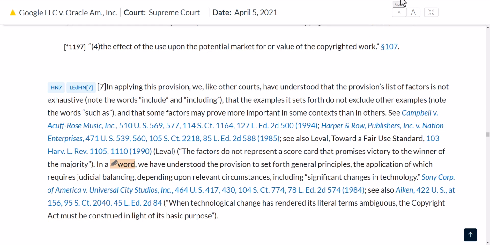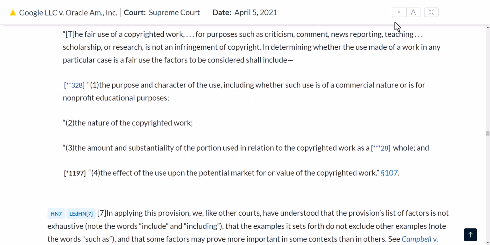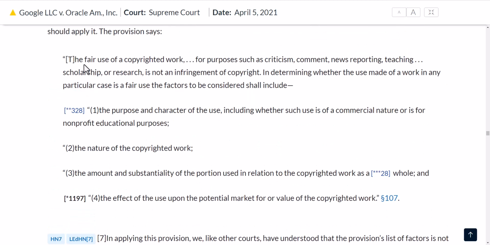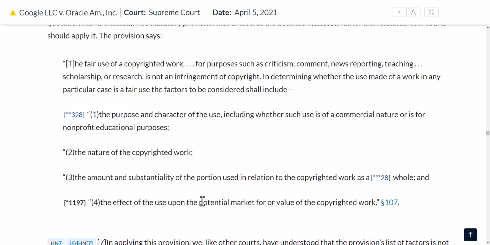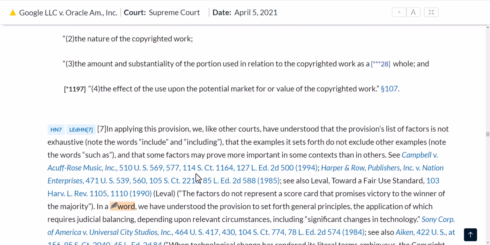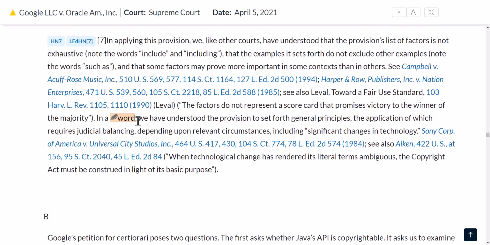So I don't think we're going to use this case as a factual analogy, but it might have some good black letter rules that we'll want to use. I'm paying particular attention to this section where it's laying out our statute. That signals to me that they're now going to be saying some things that could be relevant, and I highlighted this one here. "We have understood the provision to set forth general principles, the application of which requires judicial balancing."